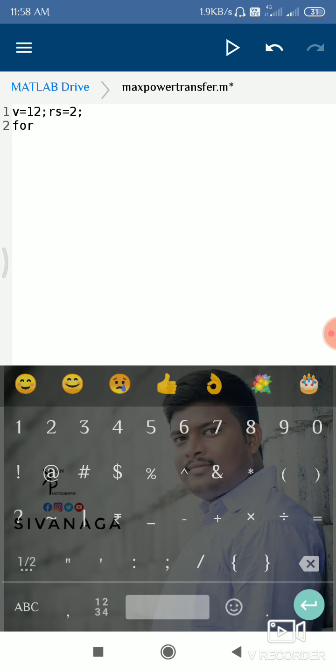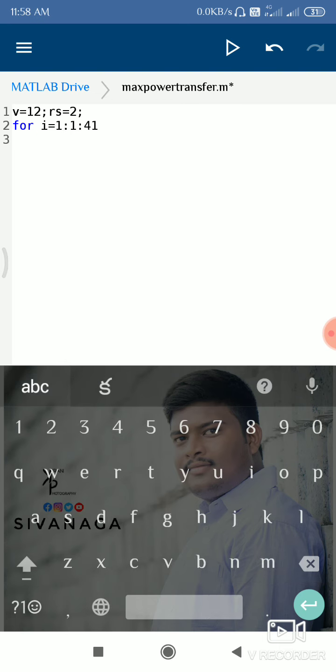I equal to 1 to 41. Why am I taking 1 to 41? I explain in the next step.